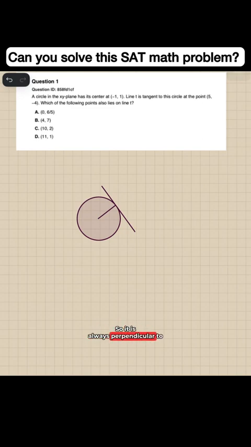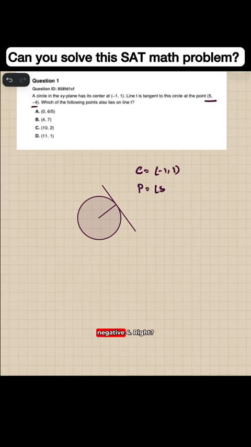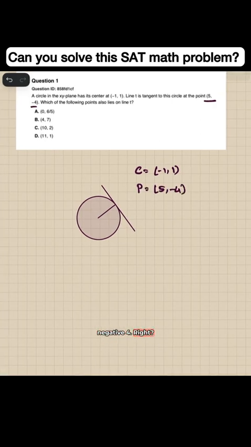In this question, we are given the center. So C is -1, 1, and we're also given the point of tangency, which is 5, -4, right? So the radius is perpendicular to the line. We know that geometric fact.